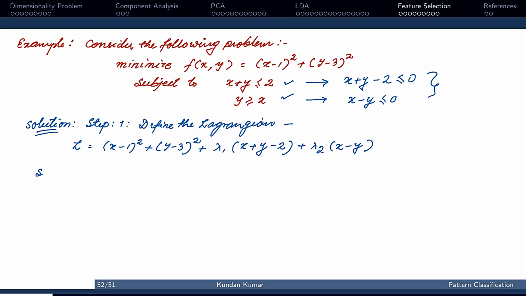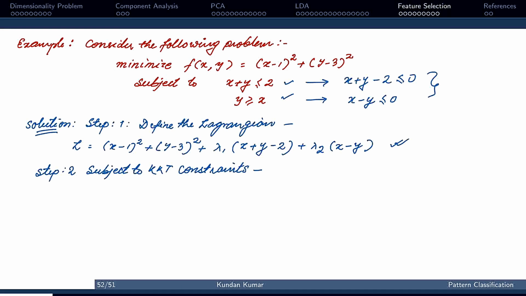In the next step, we will define the KKT constraints. So we have to solve this Lagrangian subject to the KKT constraints.